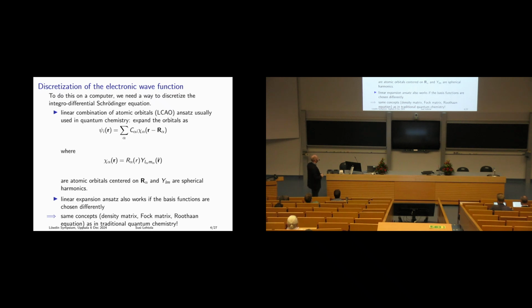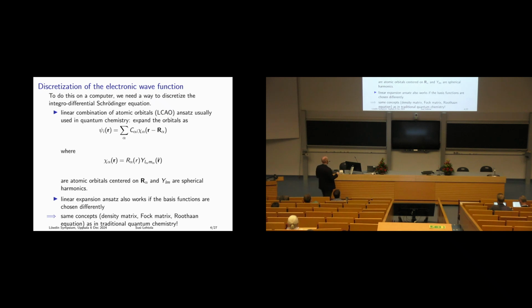So basically the point here is that if you look at this ansatz, it doesn't require that these basis functions be atomic orbitals. You can put in whatever, and as long as you have enough variational flexibility, you can converge your solution.